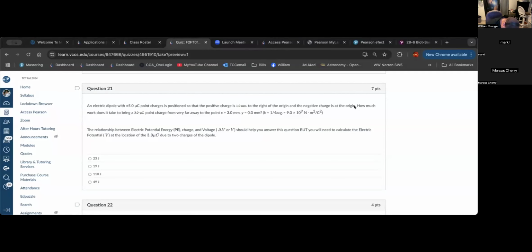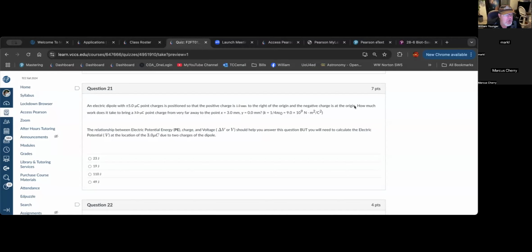So I'm going to say this is positive 5.0 microcoulombs, and this distance from here to here is 1.0 millimeters. And the negative charge is at the origin. That's negative 5.0 microcoulombs. Okay.